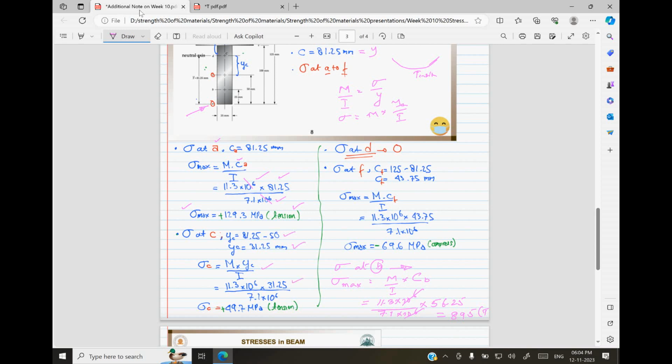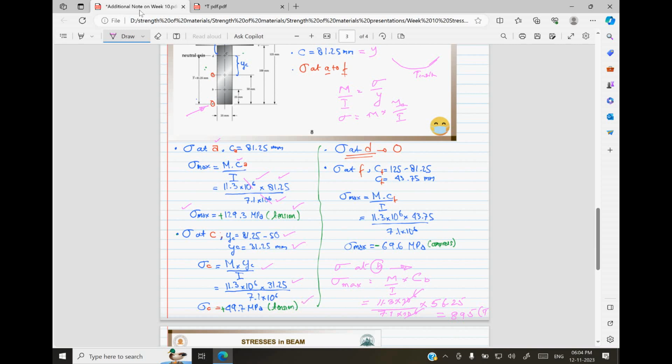When you do it, 11.3 divided by 7.1 multiplied by 31.25 makes me 49.74. Again, this is also tension.